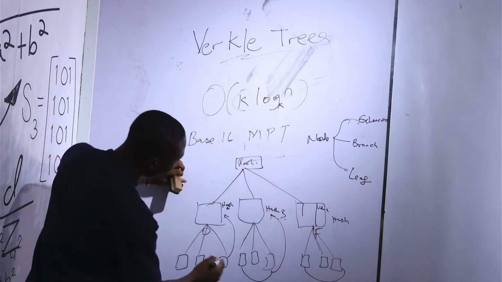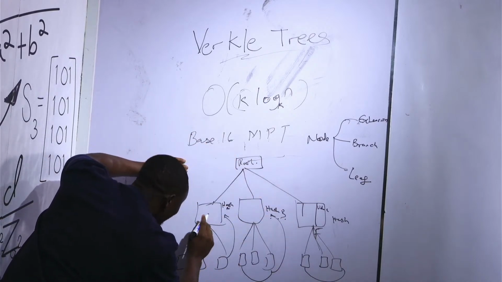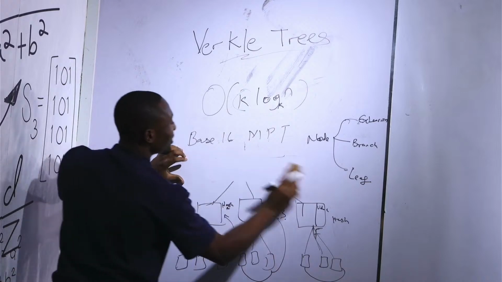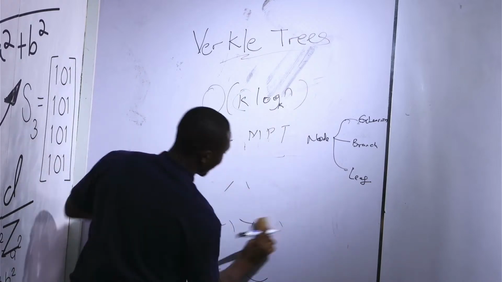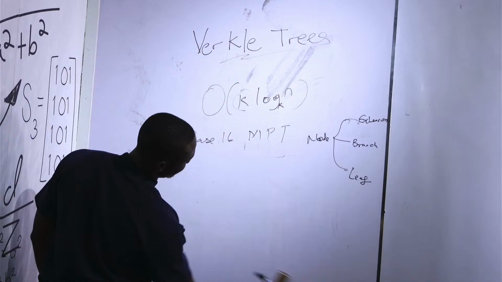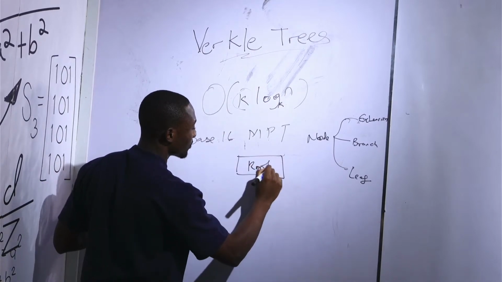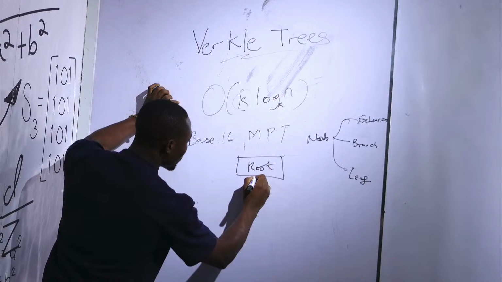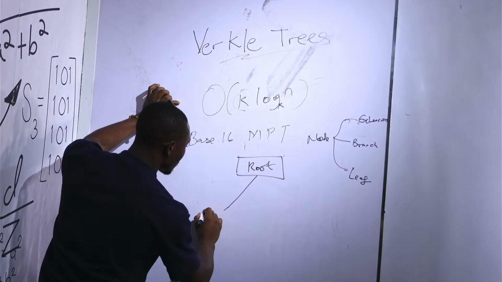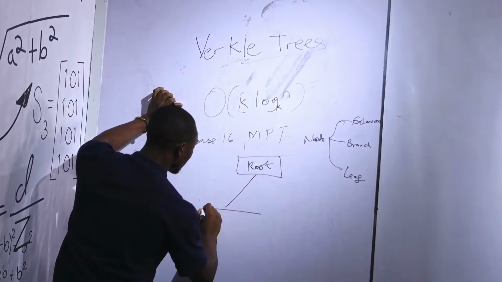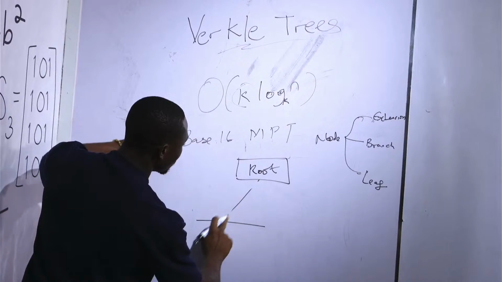So let's say we have a leaf at this branch. Let's draw a cleaner tree.